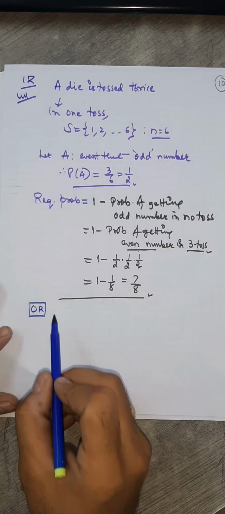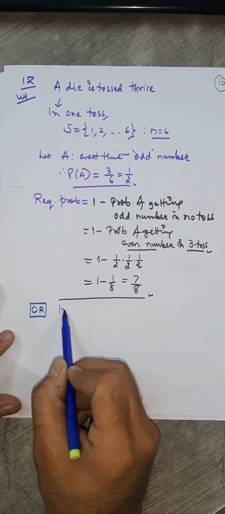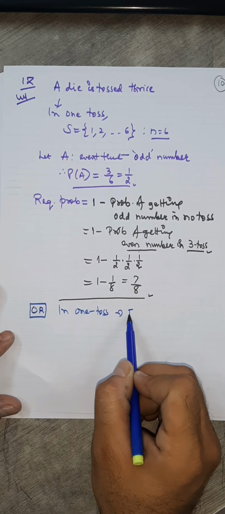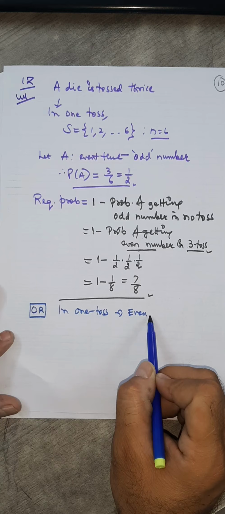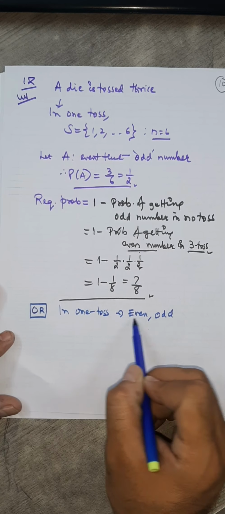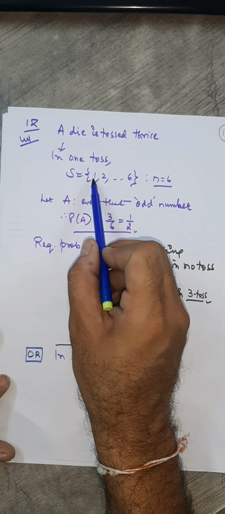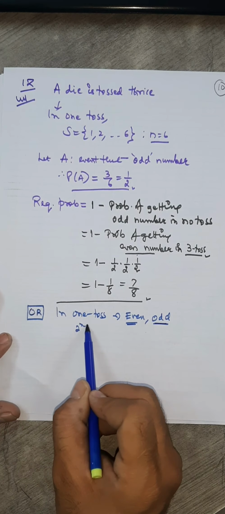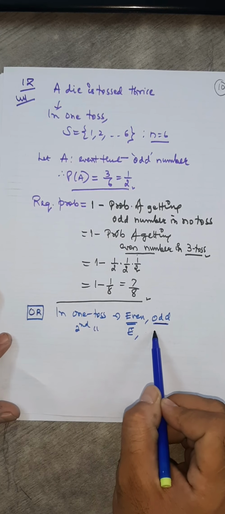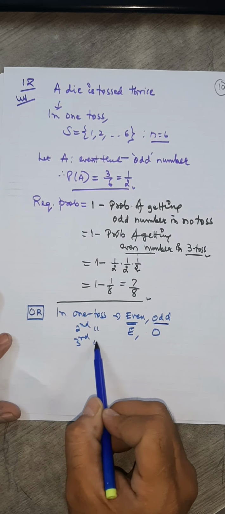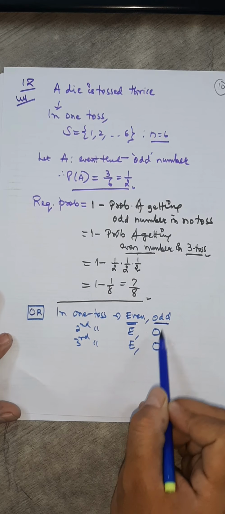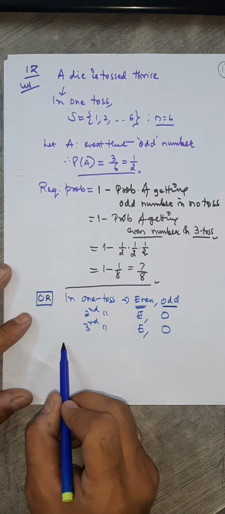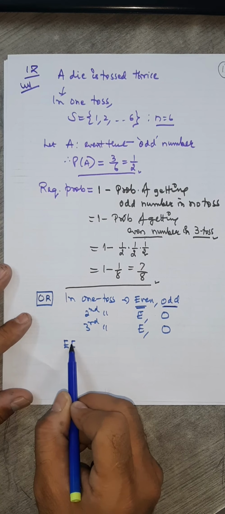Or you can do it like this also. In one toss, you know you have either an even number or an odd number. Either even or odd. In the second toss, again even or odd. In the third toss, again even or odd. Now I'm taking the cross multiplication of all this. So one possibility is even, even, even.